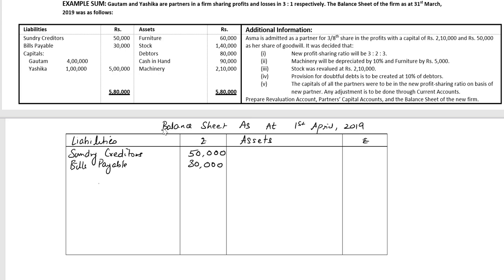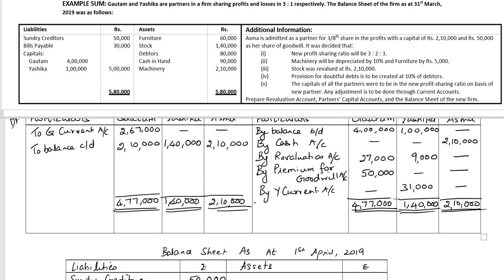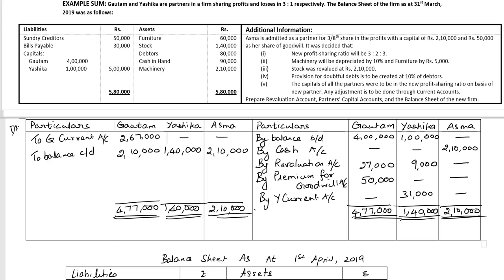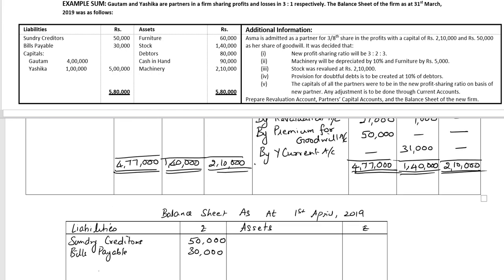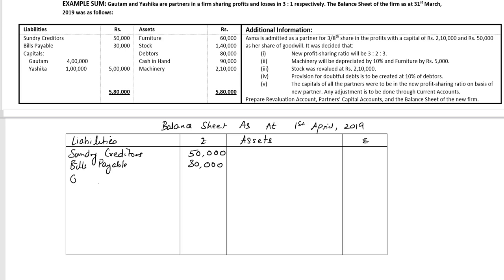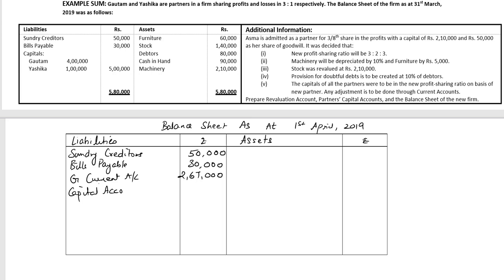We'll bring down the partners' current accounts, which have a credit balance. So Gautam's current account, 2,67,000 rupees, has a credit balance. We'll insert the balance of the capital accounts, Gautam, Yashika, and Asma.